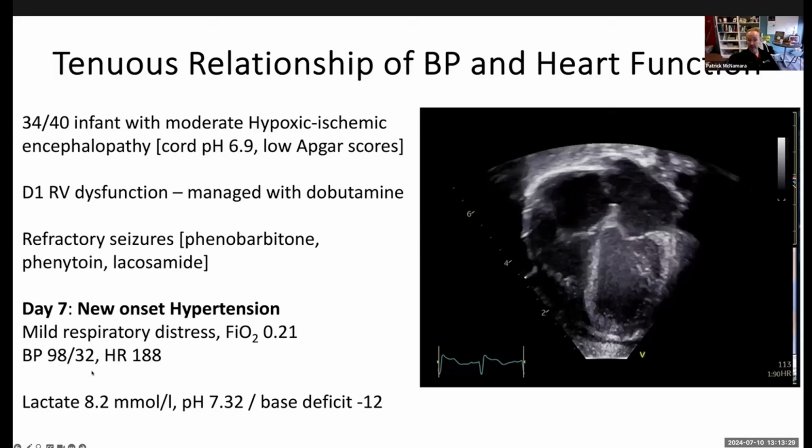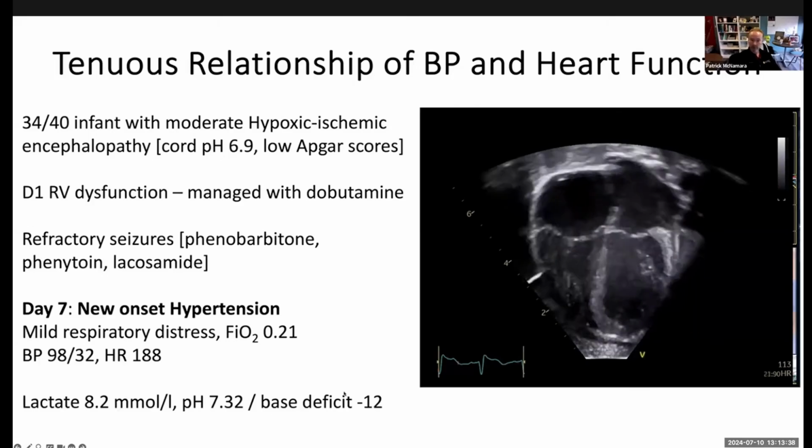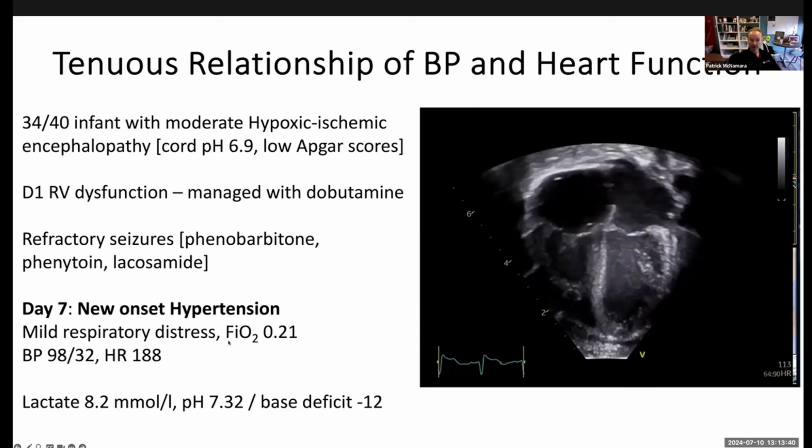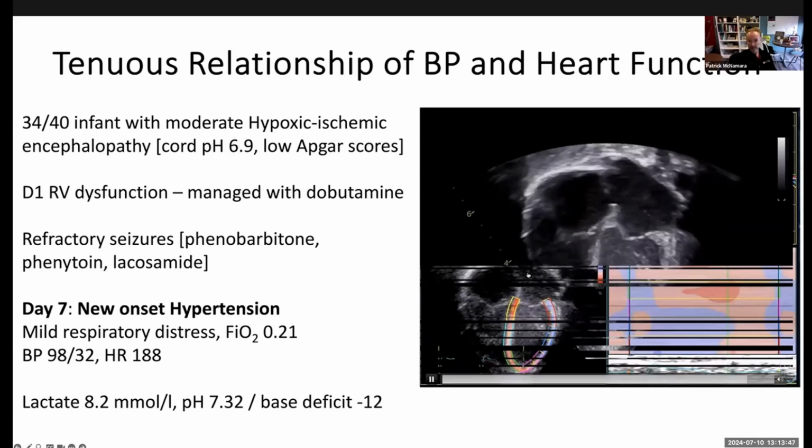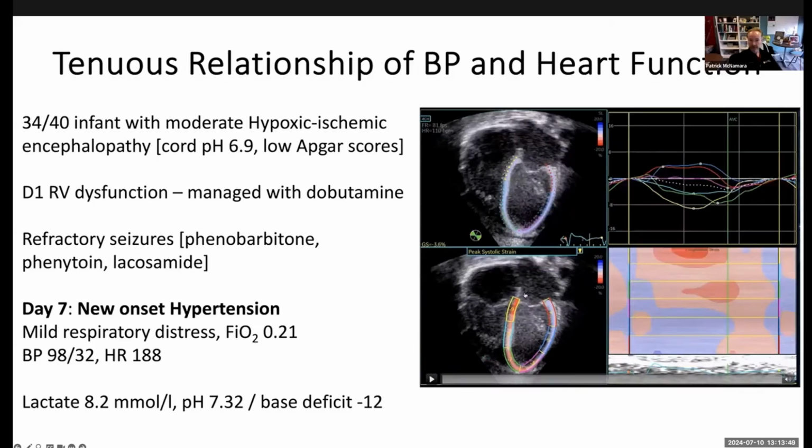The team did a blood gas and demonstrated evidence of elevated lactate with a base deficit. When the echocardiogram was performed, although the blood pressure was not low, this infant had fairly significant LV systolic dysfunction. And when you look at the strain, globally it was -6. So low blood pressure is not the only way to adjudicate the health of an infant.